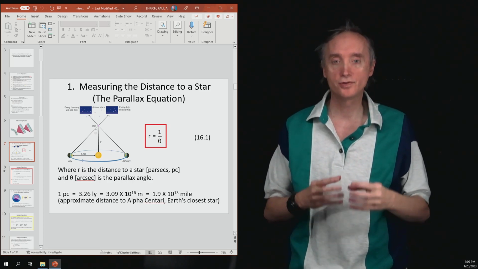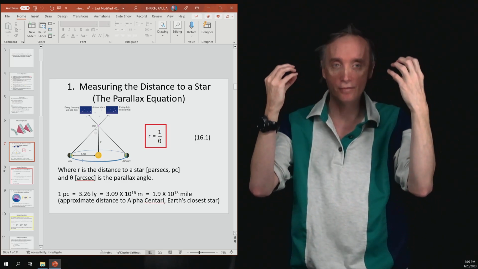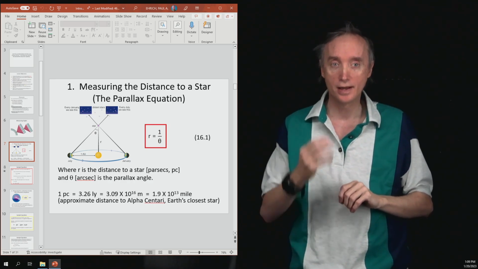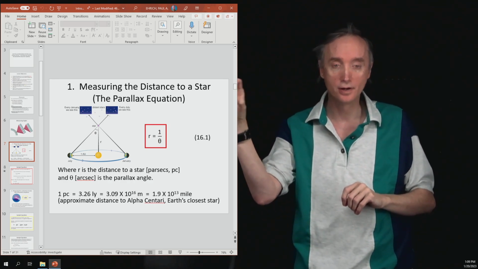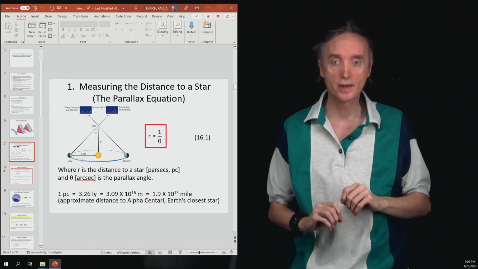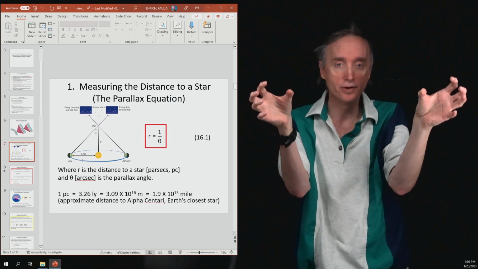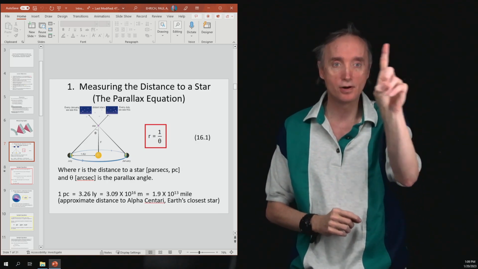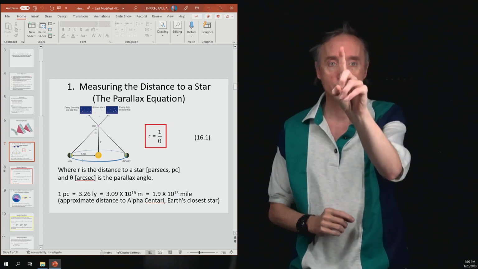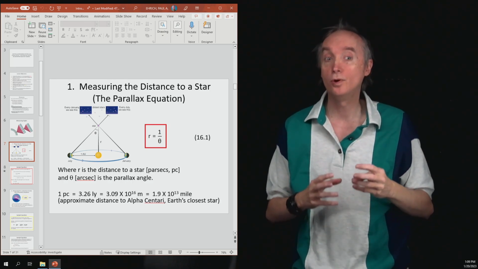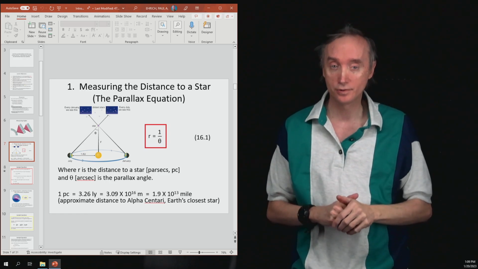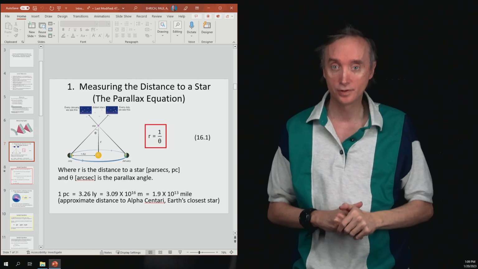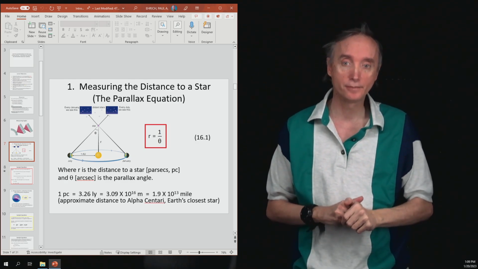So that's equivalent to taking your eyes and have one eye on one side of the orbit of the Earth, and the other eye is at the other side of the orbit of the Earth, and now your two eyes are far enough apart that when you take your pictures, you'll notice that that star is going to appear to move back and forth, again with respect to the background. In this case, the background would be the background stars. And so that's illustrated in that picture there.